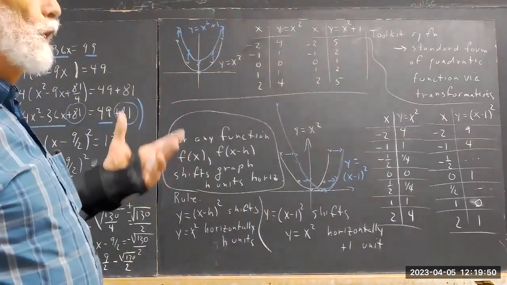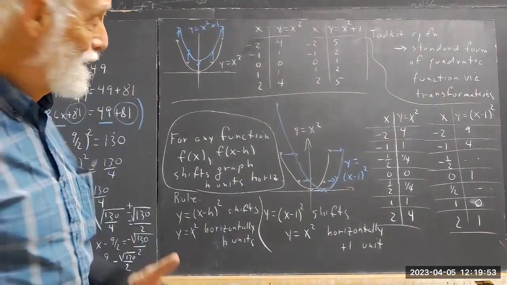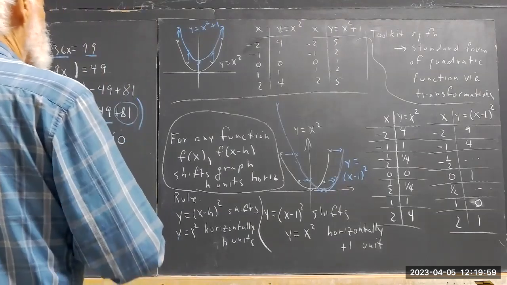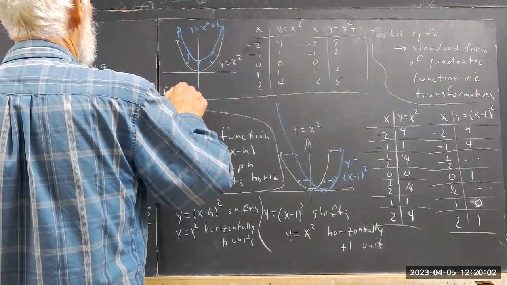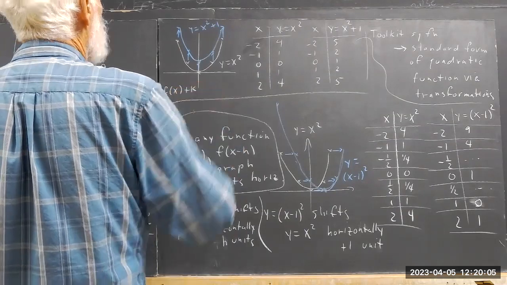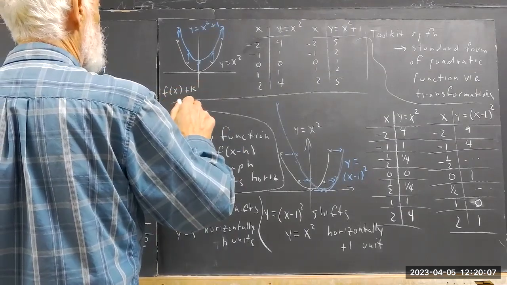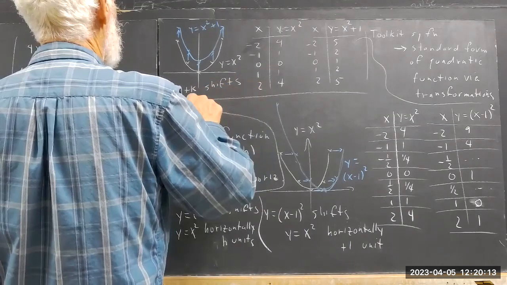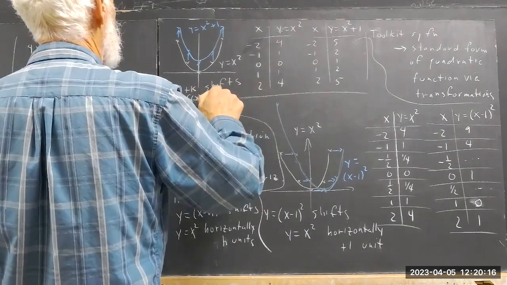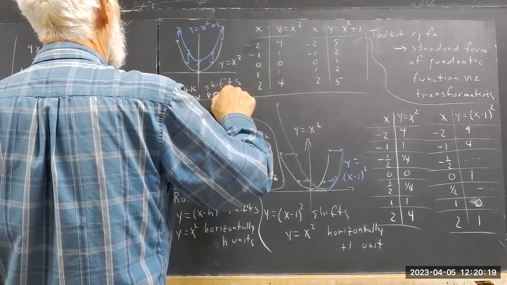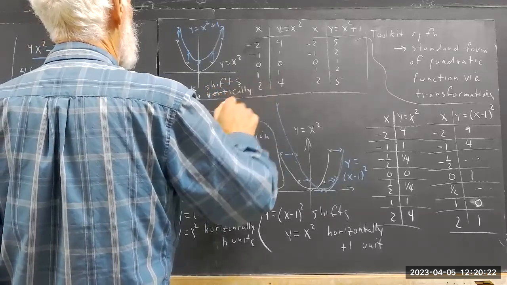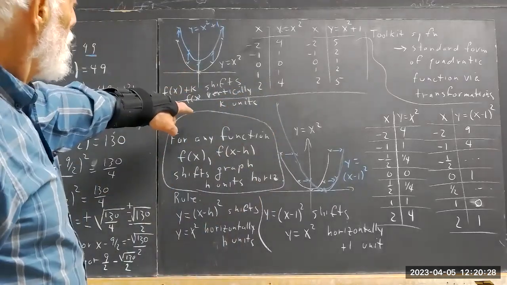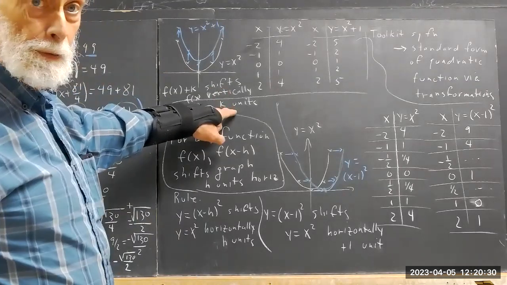So we see that the shift is, for any function, f of x plus k. f of x plus k shifts the f of x vertically k units.